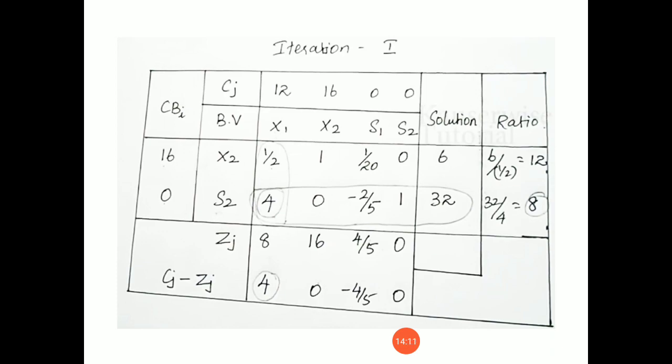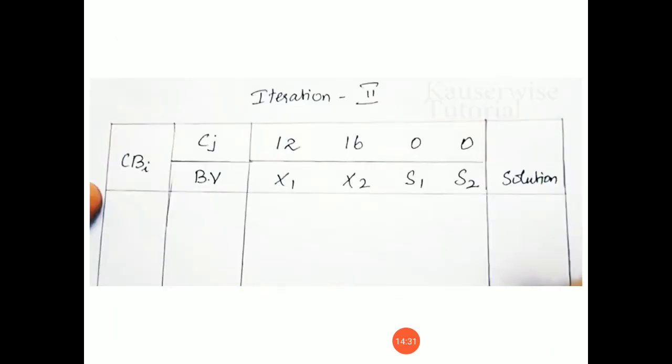After solving the iteration 1 table, I found the entering and leaving variable, and below basic variable in the iteration 2 table, what will be the variables I will be writing? It will be x2 and x1, because here x1 is the entering variable.